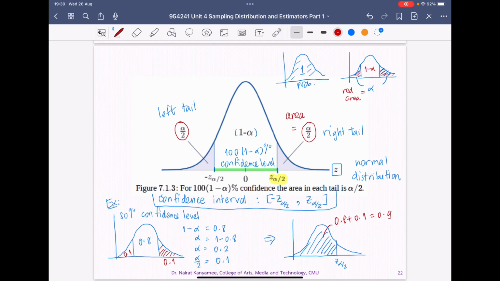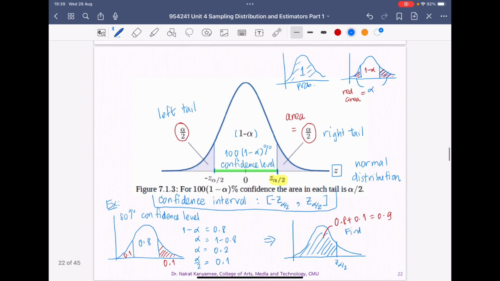So your job is to find that z such that P of Z less than little z, phi of z, is 0.9.